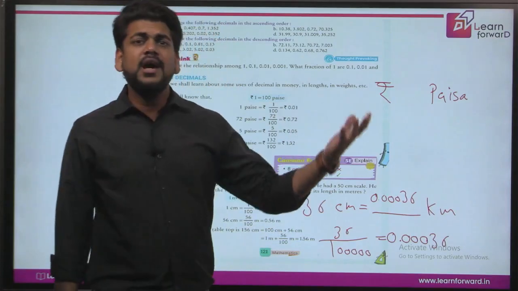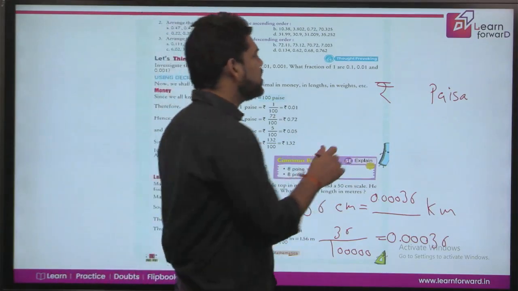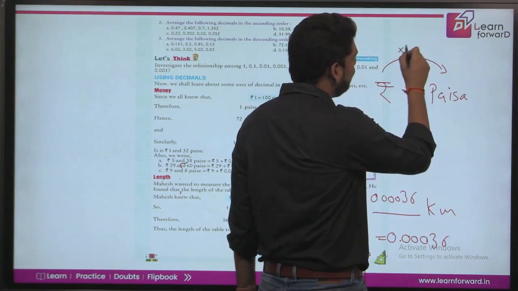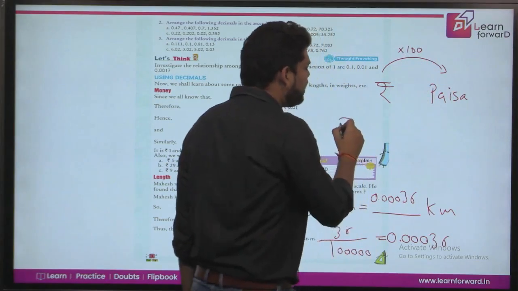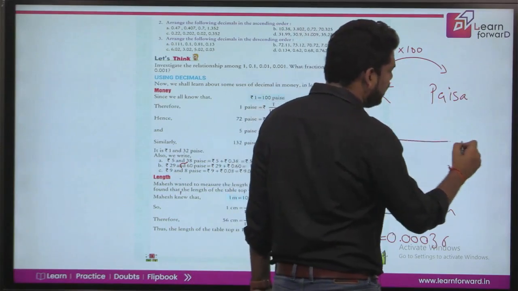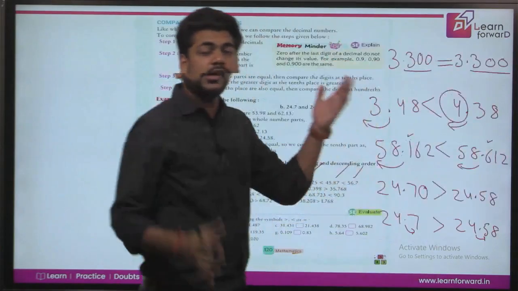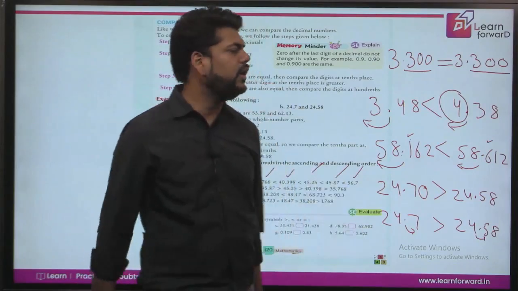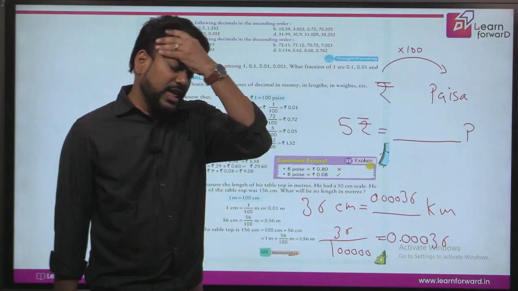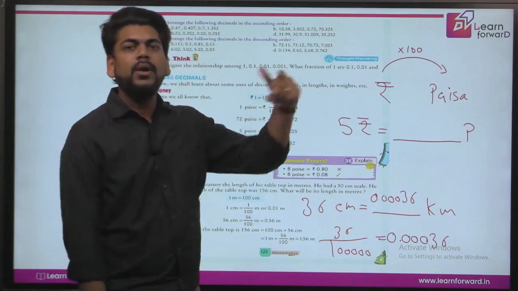How many paisa are there in 1 rupee? It's 100. If I am having 5 rupees and I want to convert it into paisa, again rupees is a bigger quantity, paisa is smaller quantity. What we were doing in length, capacity and weight, we were multiplying by 10.